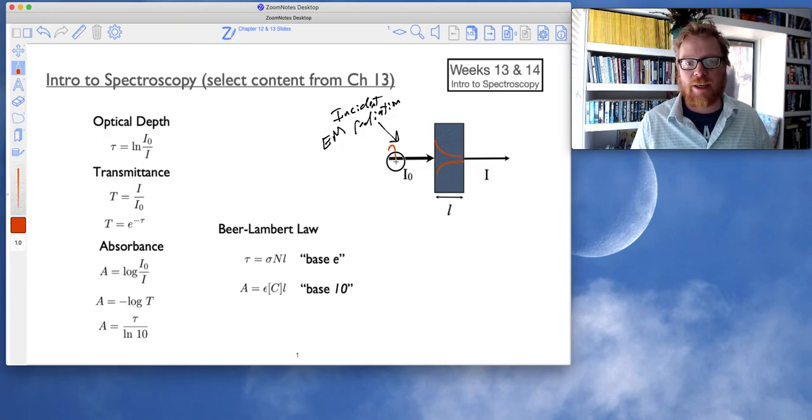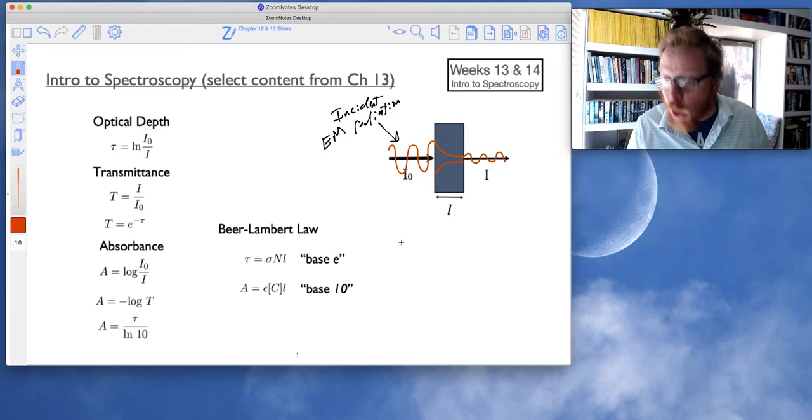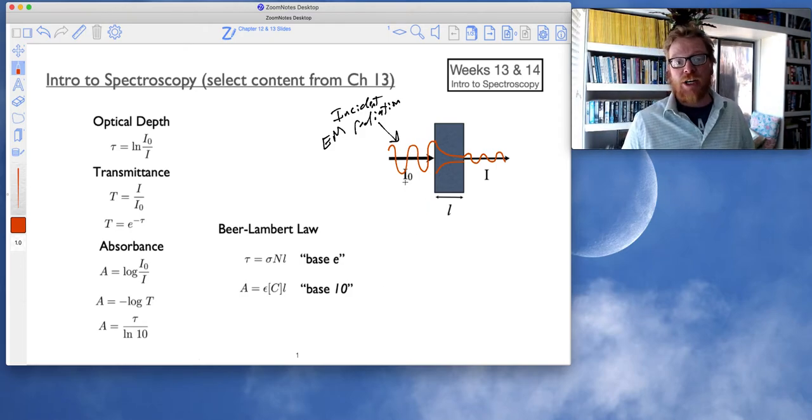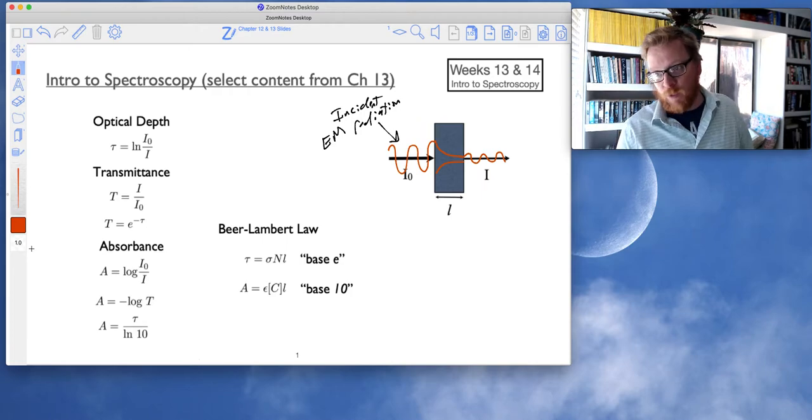So if we imagine looking at this as a wave coming through, we will see this exponential decay of light intensity. And if the optical depth is sufficiently small, then light will make it out of the other side. If the optical depth is sufficiently large, then that means all of that incident radiation has been absorbed and we won't detect any.